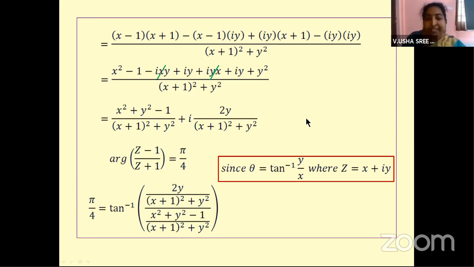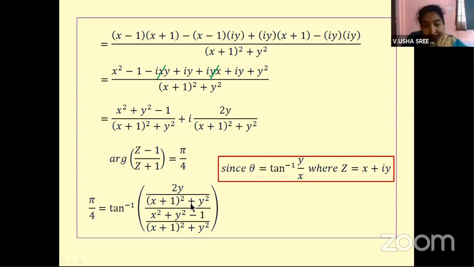This whole imaginary part is y and this whole real part is x, according to this formula. So theta, that is pi by 4, is nothing but tan inverse of the imaginary part by the real part, what you have calculated here. So you have it as tan inverse of [2y by (x plus 1) whole square plus y square] divided by [(x square plus y square minus 1) by (x plus 1) whole square plus y square].